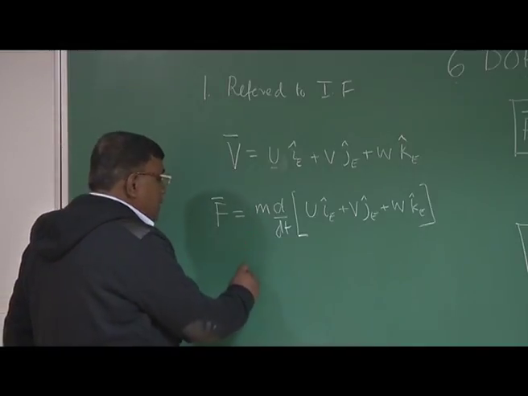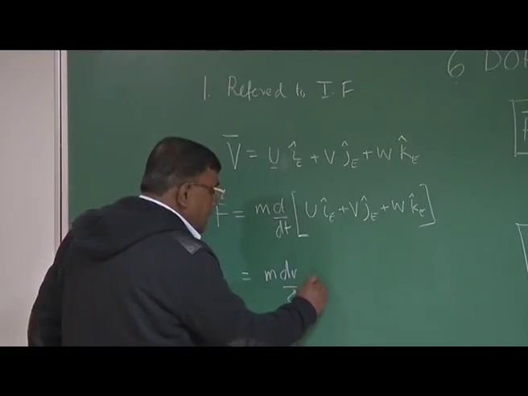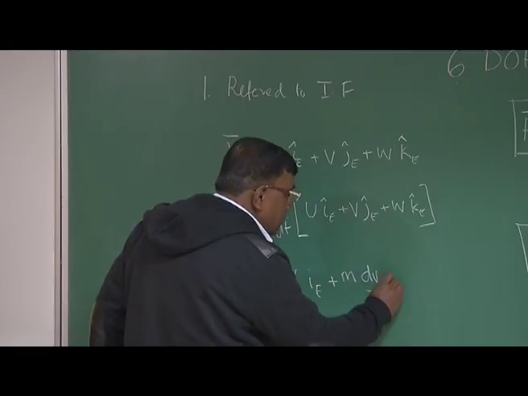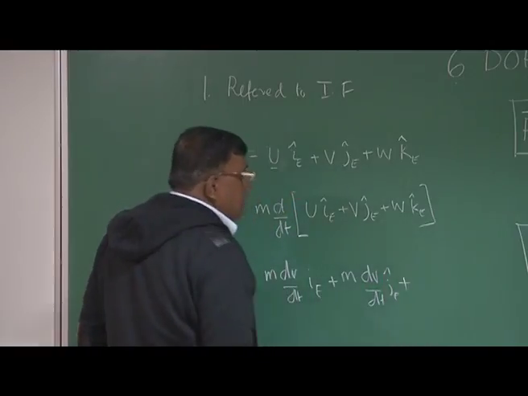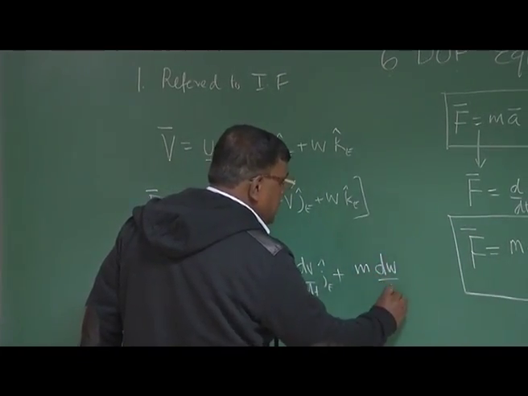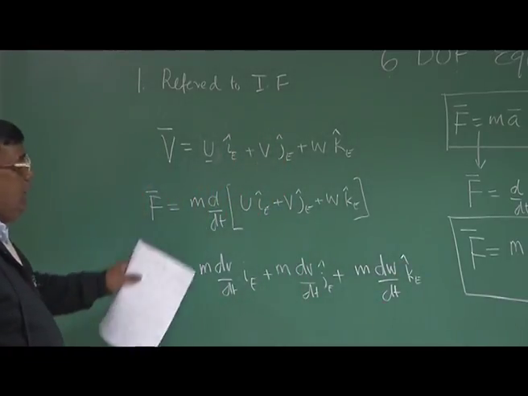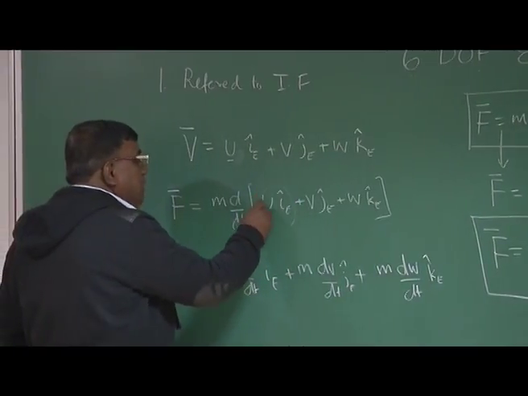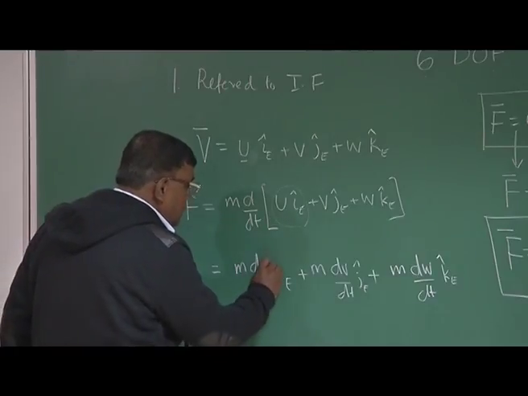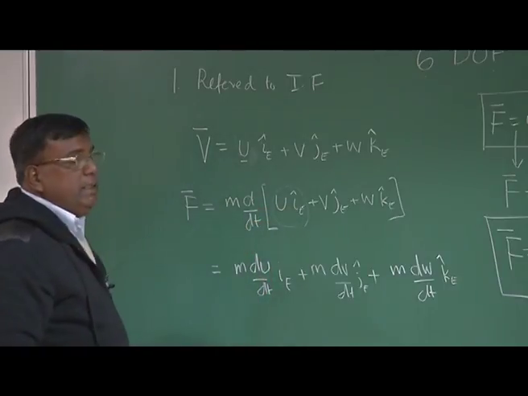So, now if I take derivative, I get M du by dt into IE plus M dV by dt into JE, the earth direction, plus M dW by dt in KE direction. Please see here, when I was taking the first term derivative, ideally it should be M du by dt I plus U di by dt, right?